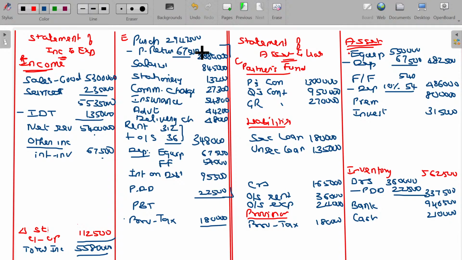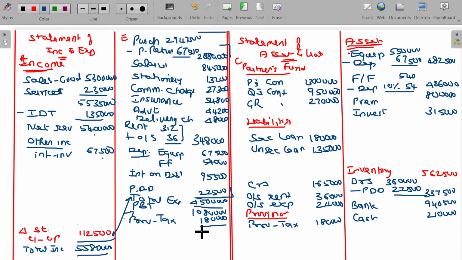I think this entire value being 45 lakhs, total expenses. From the total income, subtract the total expenses to get the profit before tax. Profit before tax being 10,80,000 rupees.